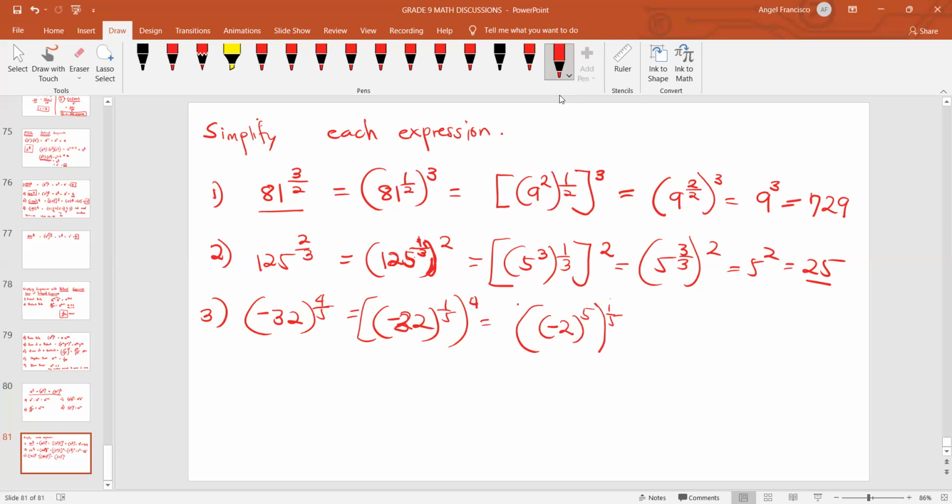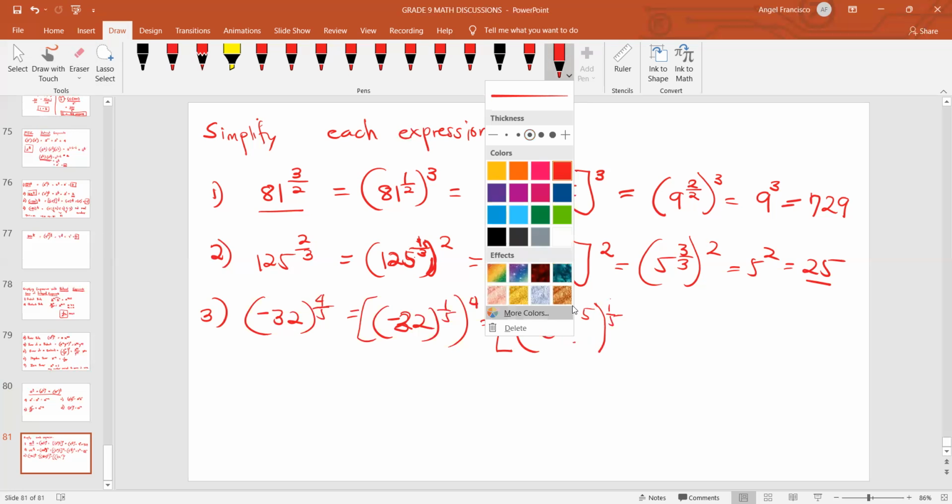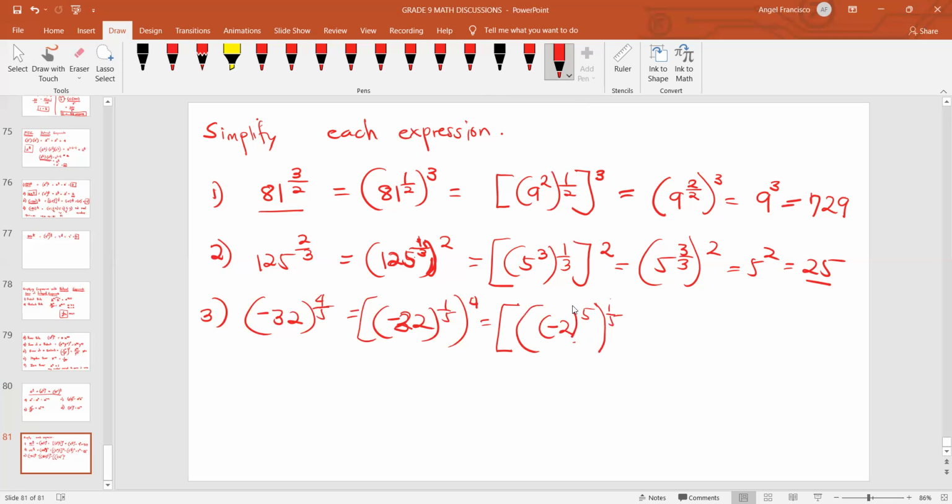Ayan. Okay? And then, sa labas, pwede pala natin pag-isahin na. Kailangan natin ilagay nga sa parenthesis kasi mag-iiba ang sagot pag hindi natin nilagay. So, and then, nasa labas ang 4. So, we can say that negative 2 raised to the power of 5 over 5.